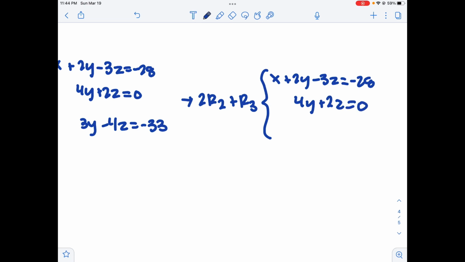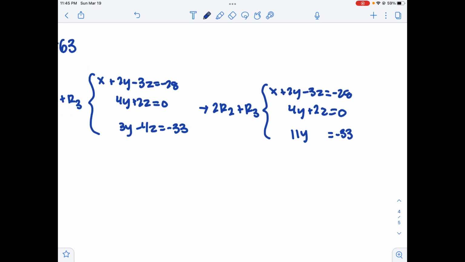Now the third row becomes 11y, and the z's cancel out so we don't put anything there, is equal to negative 33, because 2 times 0 is 0, and then you just add it to negative 33.